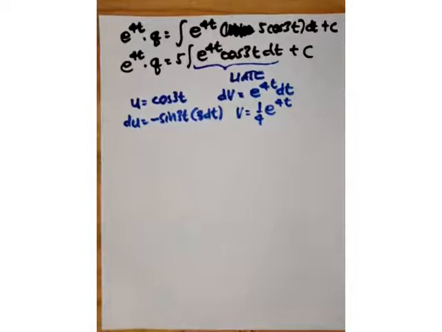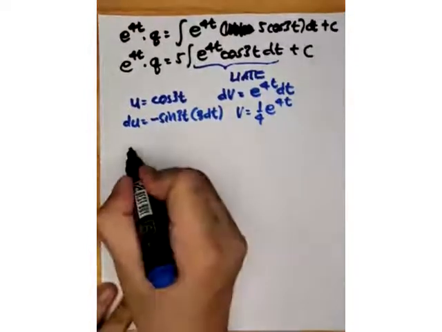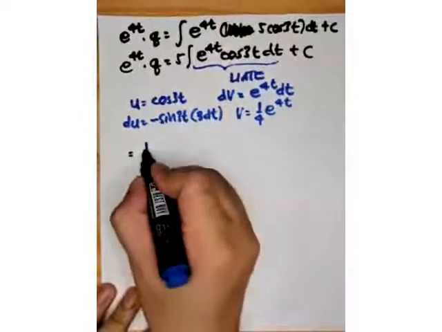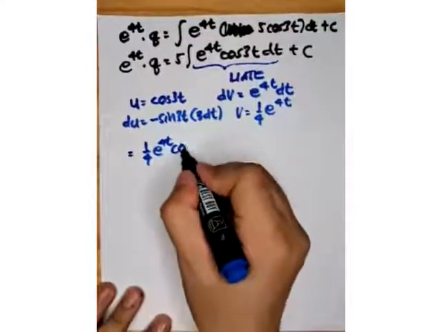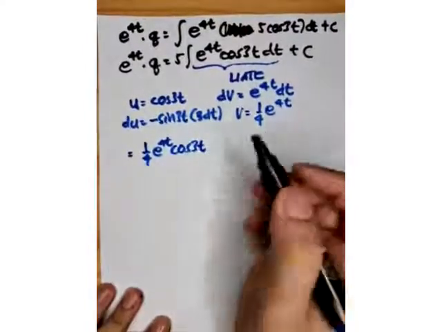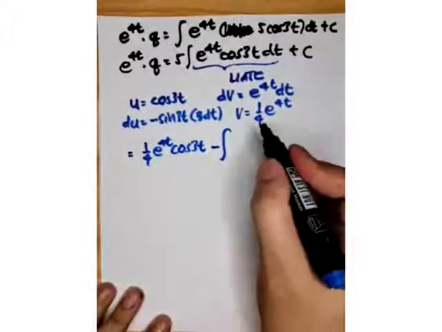Okay, so applying the formula, may formula natin. So ang formula natin ay uv, so that's 1/4 e raised to 4t times cosine 3t minus the integral of v du.